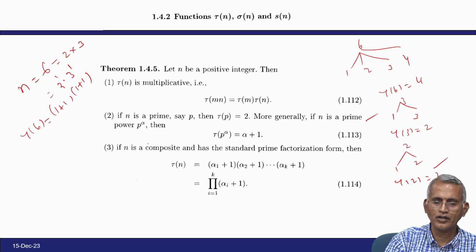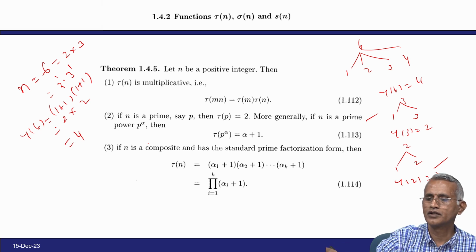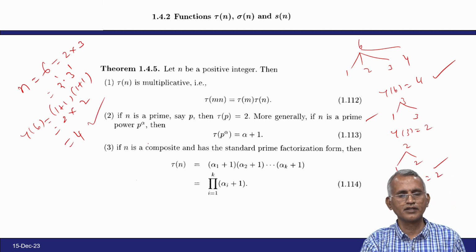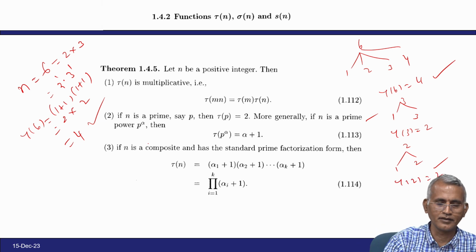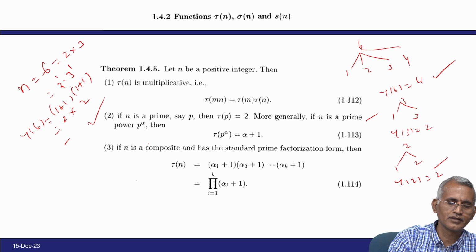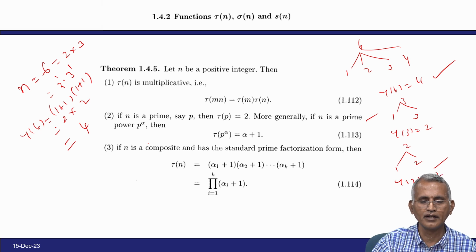Therefore 2 into 2 equals 4, so tau of 6 equals 4. So it satisfies. This way we can express tau of n as multiplicative over the prime factorization. So keep this in mind. We will go to the proof of this theorem.